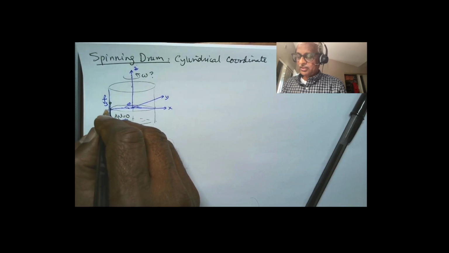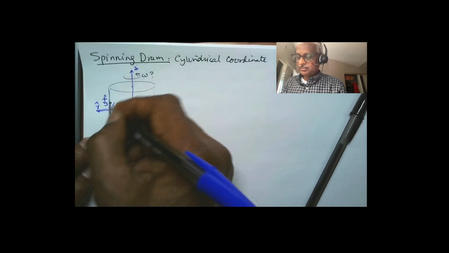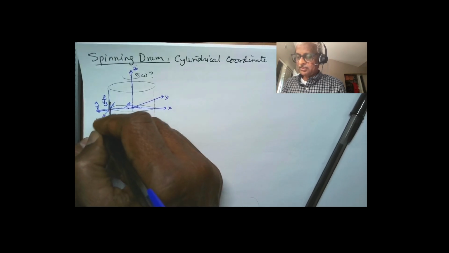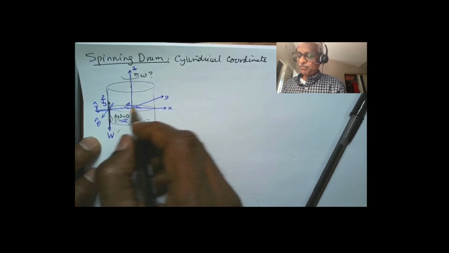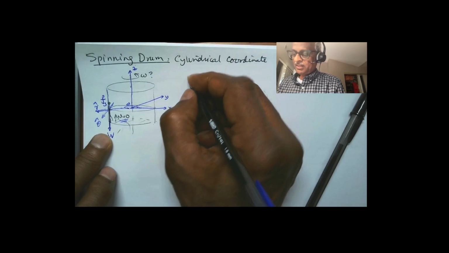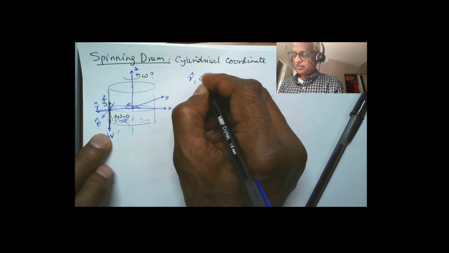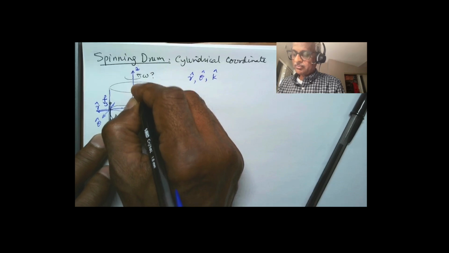This is the radial axis at that point, and theta hat is that way. So it turns out we can have things written down in r hat, theta hat, and k hat.